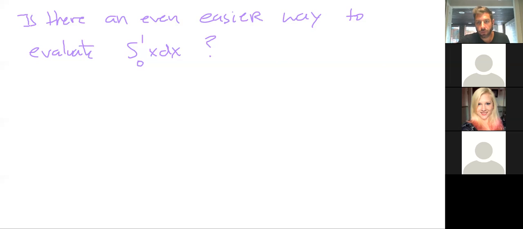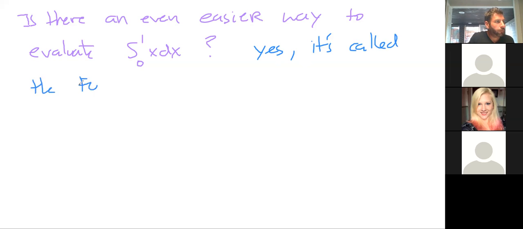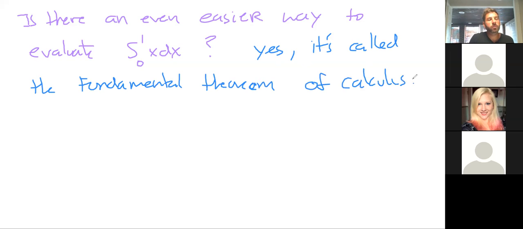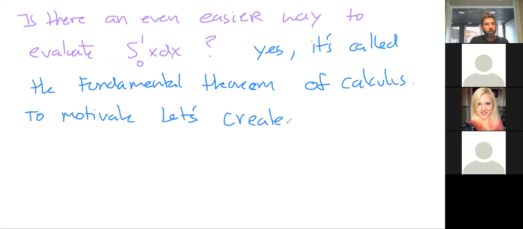So what we're going to do is study something called the fundamental theorem of calculus. So to motivate it, let's create a new function.